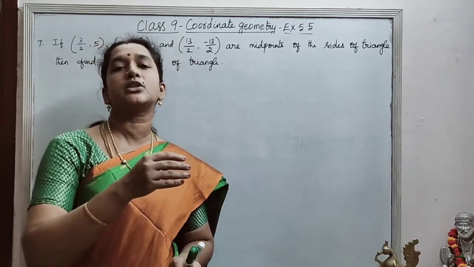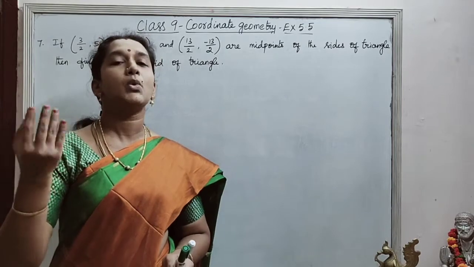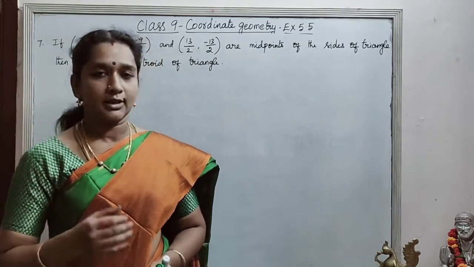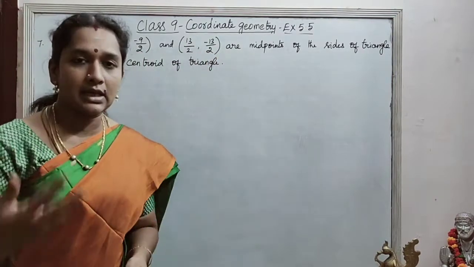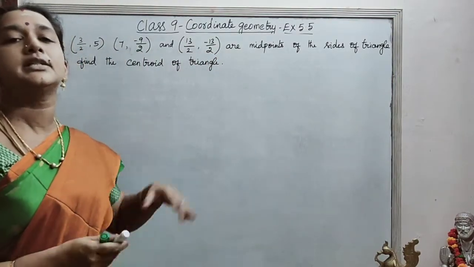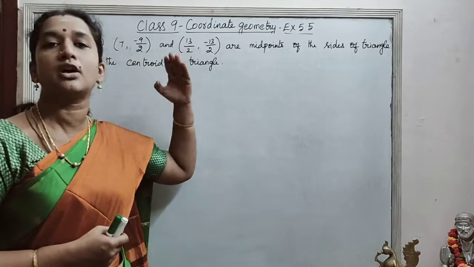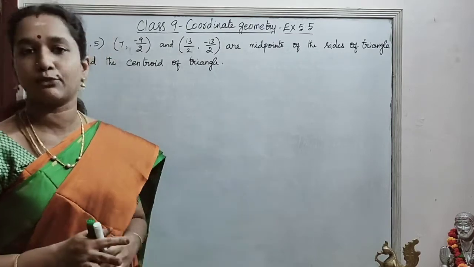What is the formula we use? x1 plus x2 plus x3 by 3 comma y1 plus y2 plus y3 by 3. We will substitute these 3 points in the same formula and find the centroid.